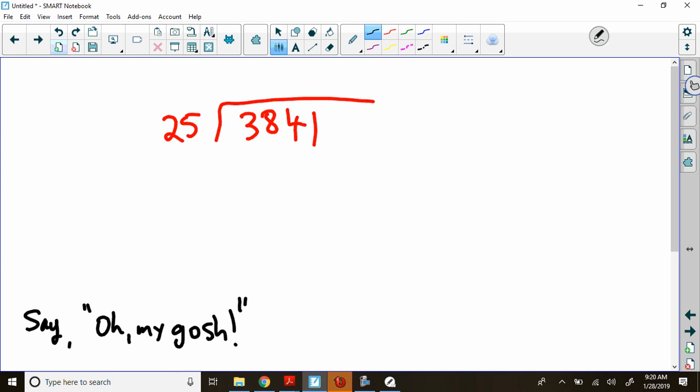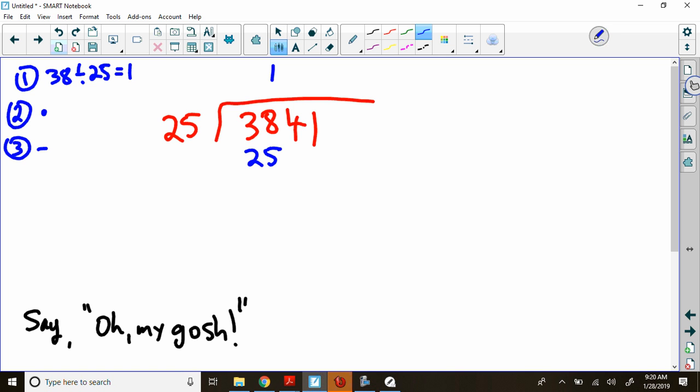Anyway, the division algorithm, step 1, divide. A front-end division, we're seeing how many times 38 is divisible by 25, and of course that's 1. And so our 1 goes up here, right? Step 2, after we divide it, we multiply. 1 times 25 is 25. Step 3, after we multiply, we subtract.